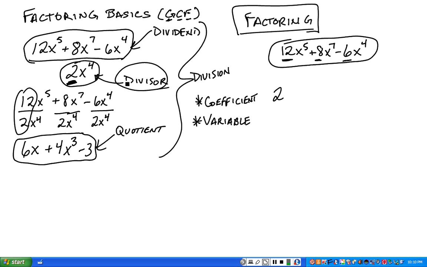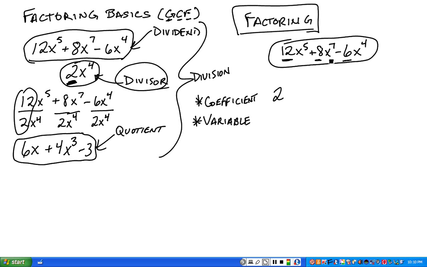The only thing is you have to figure out what your divisor is, and once you figure that out, it becomes the same as division. It's just we write it out differently. I noticed that x is present in this first term, in this middle term, and in this last term.